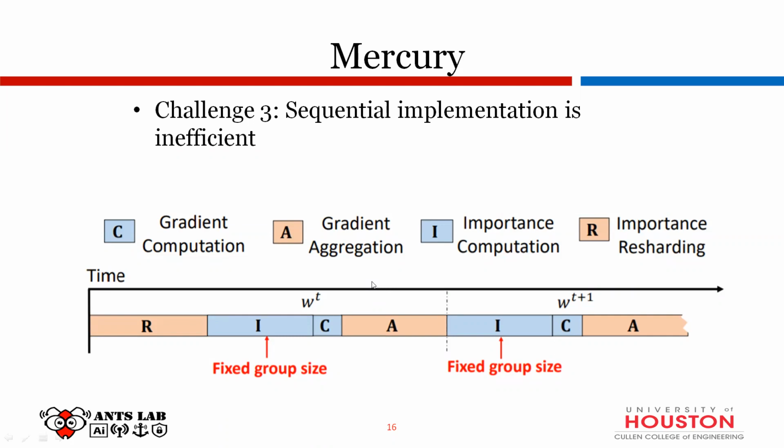You do gradient aggregation. Including gradient computation, definitely you can do compression, whatever. But you should follow the sequence, right? So how can you do the resharding and the importance computation in parallel with the C and the A, the gradient computation and the gradient aggregation? I got confused by that part.